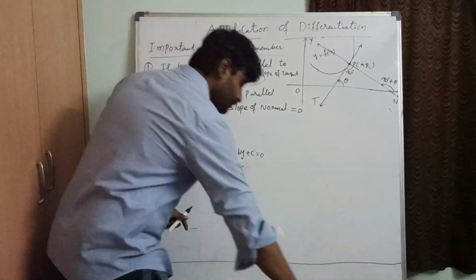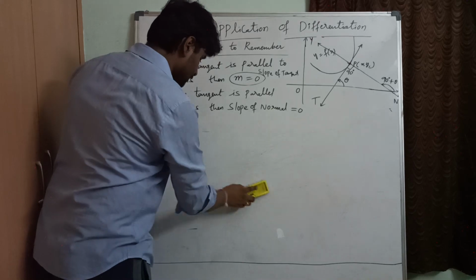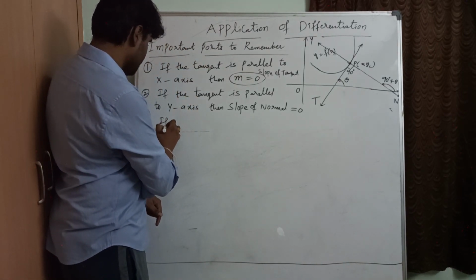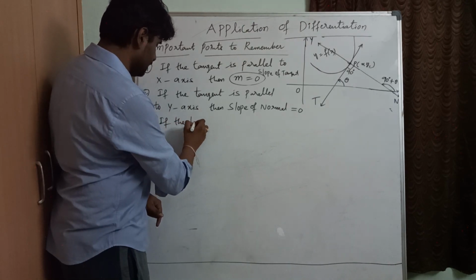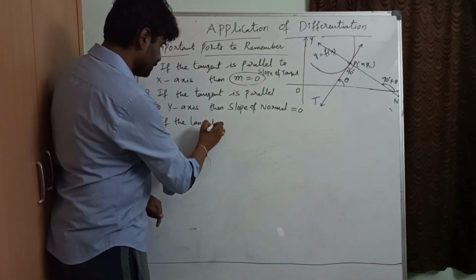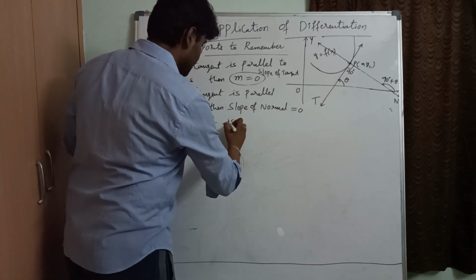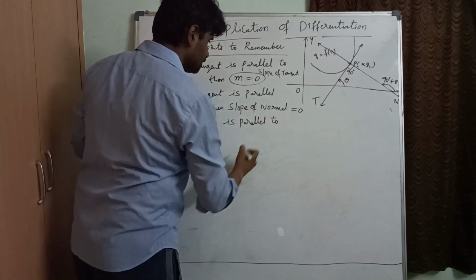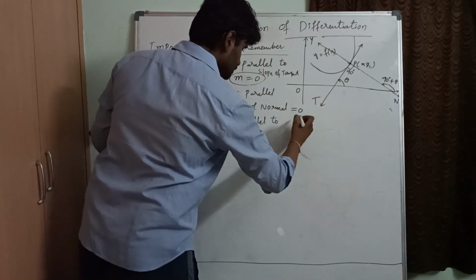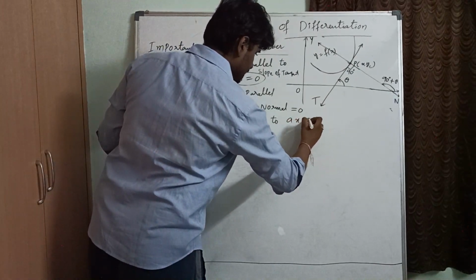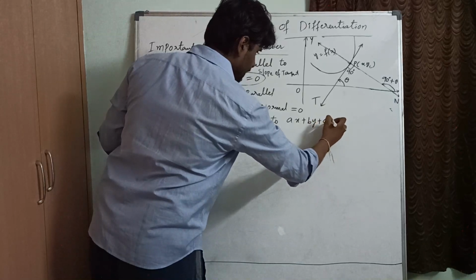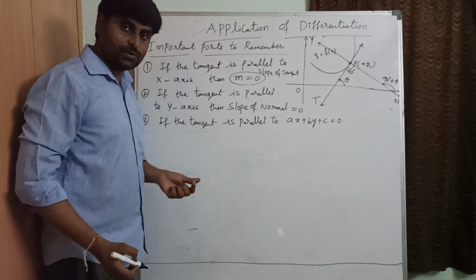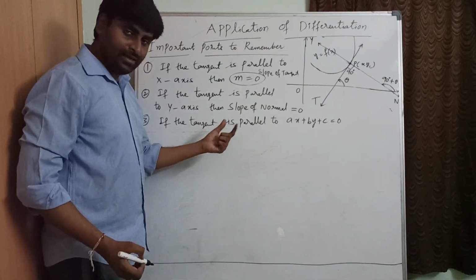So now here we write the same. If the tangent of the curve is parallel to the line ax plus by plus c equal to 0, then what is the slope there?